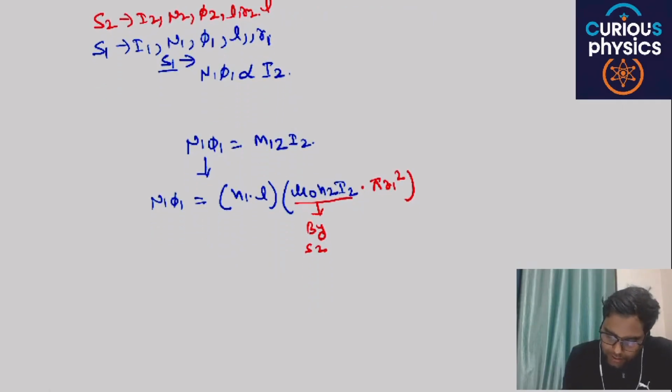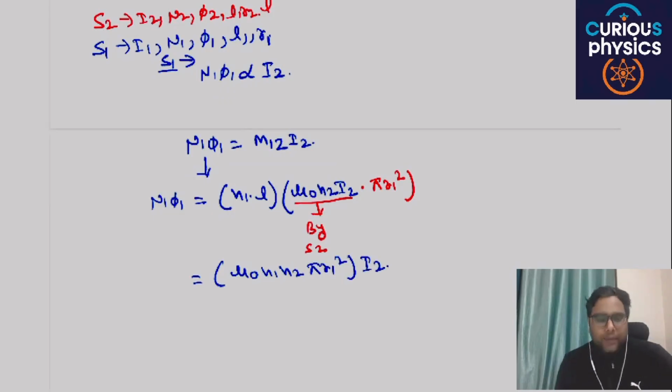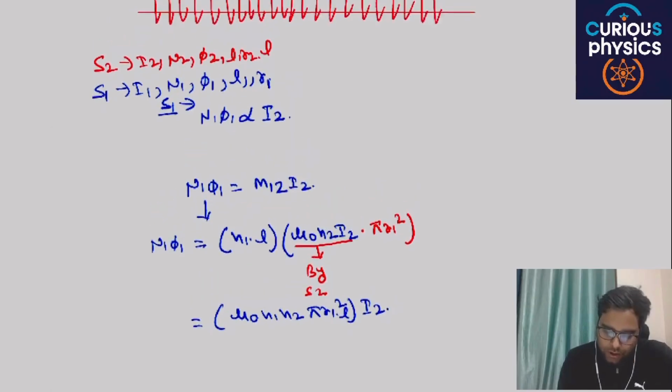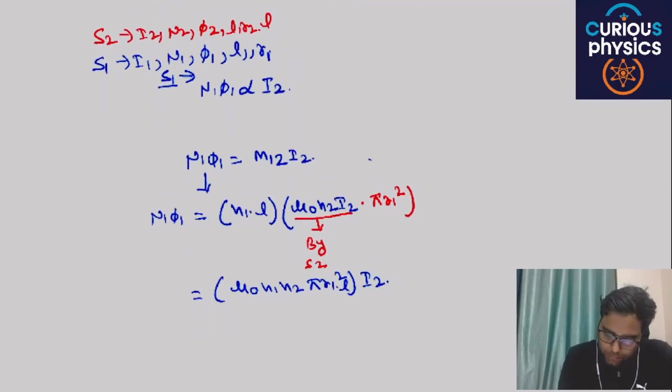If you rearrange the terms, you will get mu naught n1 n2 pi R1 square into I2 into L, where L is the length. Let's say this is equation 1 and this is equation 2.